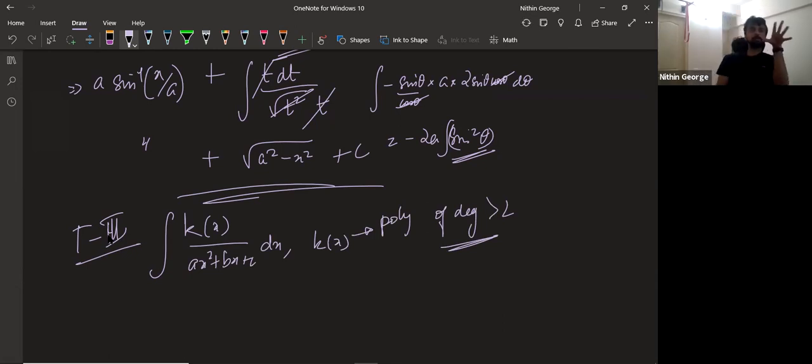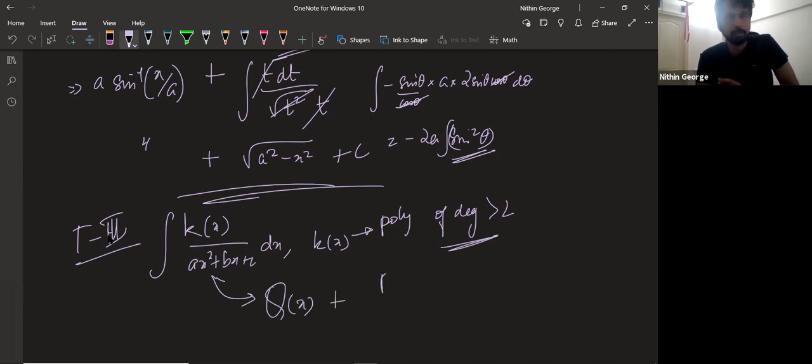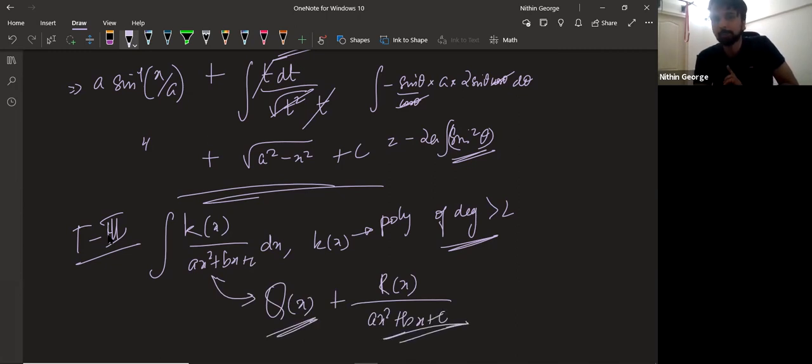Till now, the numerator was having polynomial degree less than or equal to 2. Even if it's equal to 2, you know what to do. You simply divide it and then write the remainder divided by denominator in the next part. So it's the same thing here. You divide, and write this as some q(x) plus remainder divided by x square plus bx plus c. This you can integrate separately, not an issue. This you now know how to integrate. Okay, this is your technique.